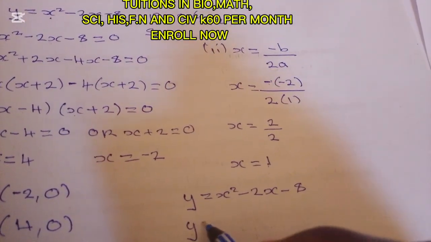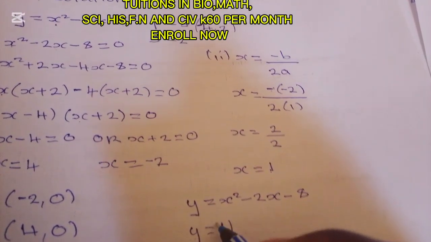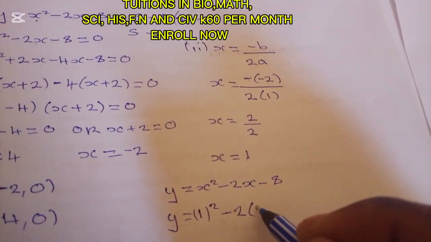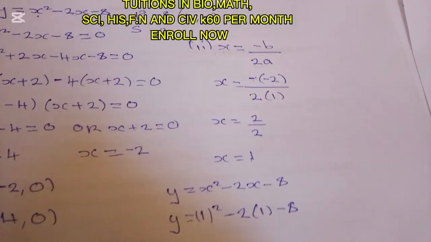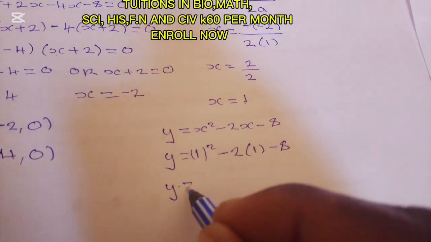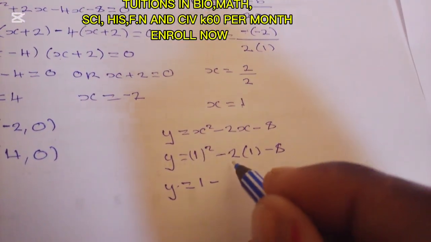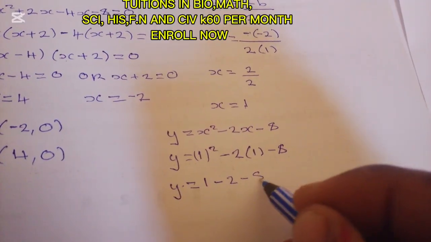So we say y is equal to 1 squared minus 2 open bracket 1 close minus 8. Now we solve for this one. Then we say y is equal to 1 squared, it's 1, minus negative 2 times 1, it's 2, minus 8.